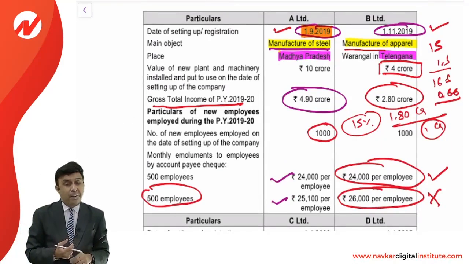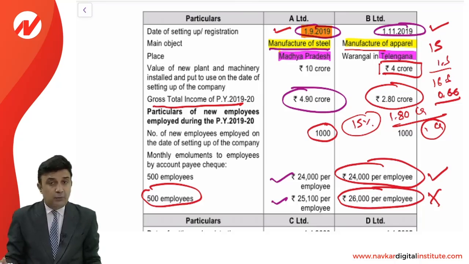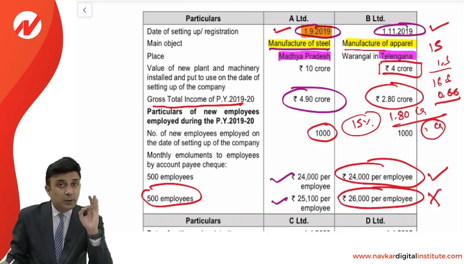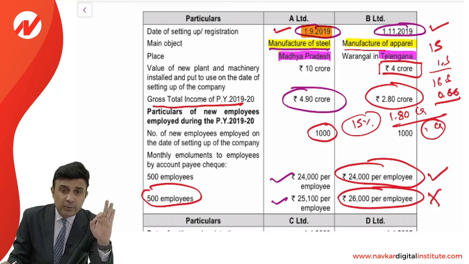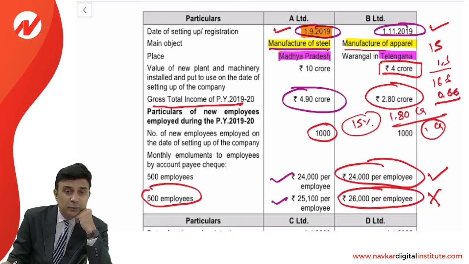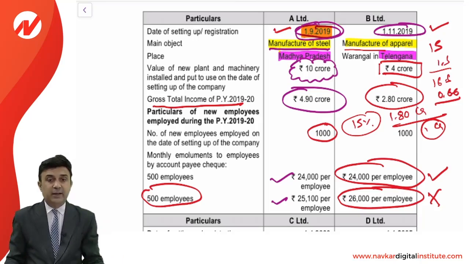is there. From this 4.9 crore, can I say my client would be able to enjoy additional depreciation? See, depreciation he has already availed, but he would be able to avail additional depreciation. What is the additional depreciation available to my client? Can I say he has value of machinery 10 crore, which is put to use on the same day you started the business.